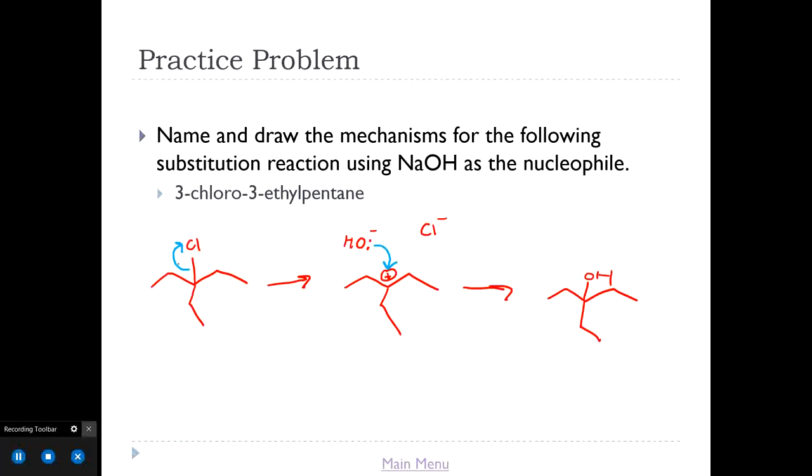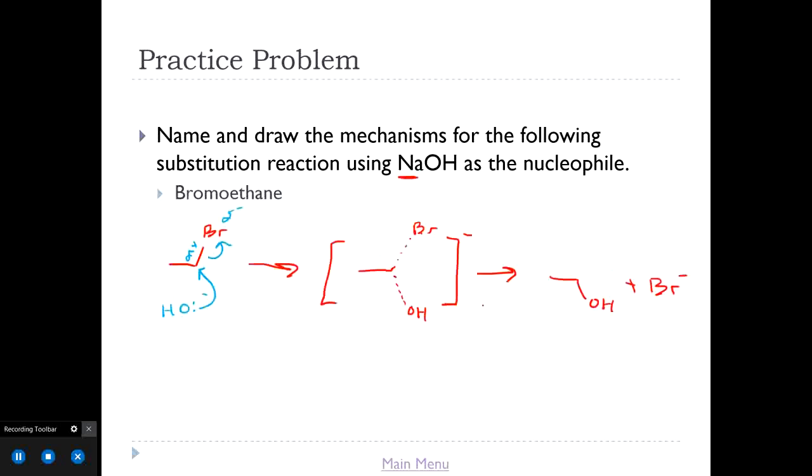Something to note here is that if we start with a tertiary halogenoalkane, we end up producing a tertiary alcohol. In the previous example, we end up forming a primary alcohol. In this case, we could take this primary alcohol, it's just a little extension, and using the oxidation method we learned in the last lesson, we could oxidize this alcohol into a carboxylic acid, for example.